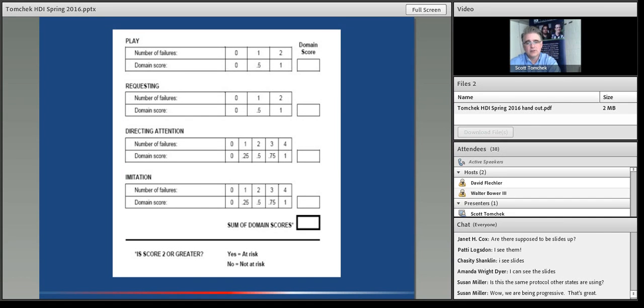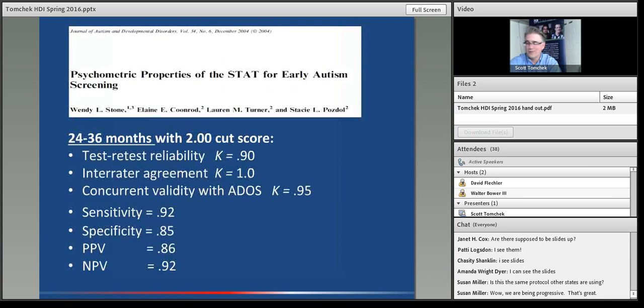And if you look at where the false positives are, you could assume it's children who are very young, 12, 13 months of age. It's hard to get a sense in children who are 12 to 13 months of age who have global developmental delay, filtering out some of these social communication behaviors. Okay.